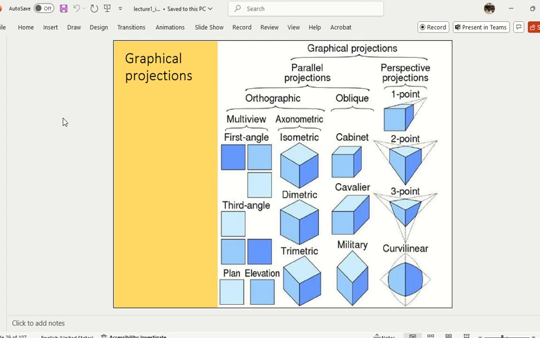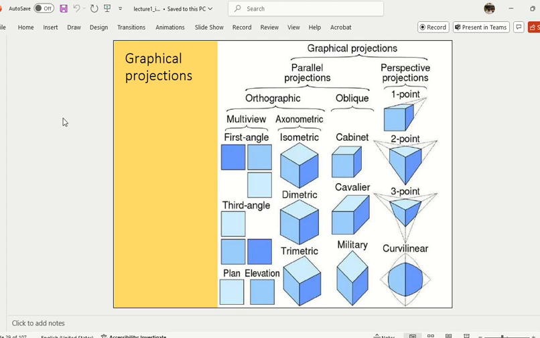Usually, the right hand side is considered the side view, and the left hand side is considered the front view. Got it? Clear now? So we have the plan, the side, and the front. In both of them, you can see the three views, right? Yes. The plan, the side view, and the front view.